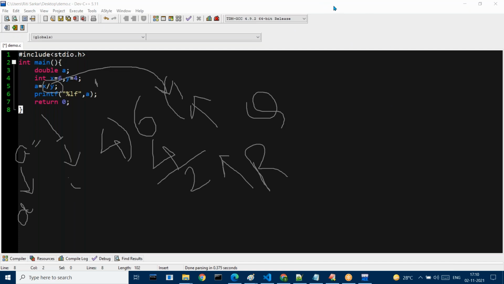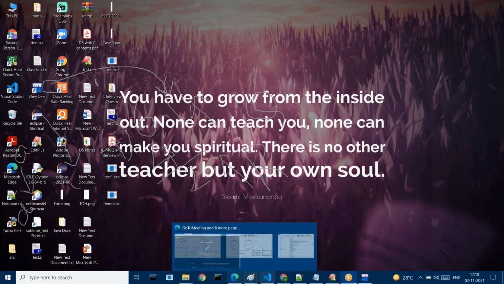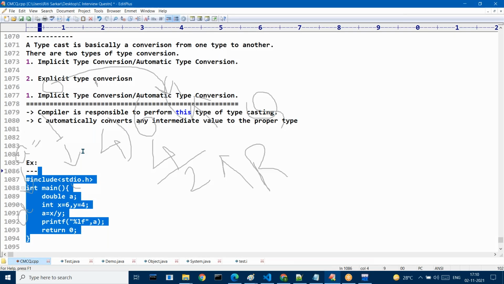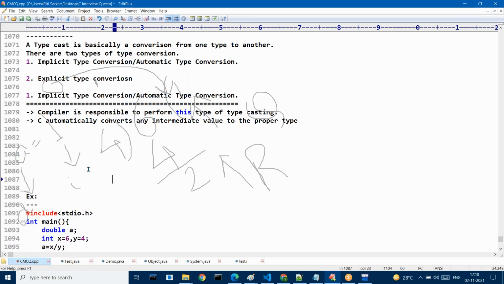Observe here. What is the exact chart, sir, that it follows for conversion? First, it is int. On top of that, we are having unsigned int. Now these words are not new anymore to you. After that, we are having long, then unsigned long.